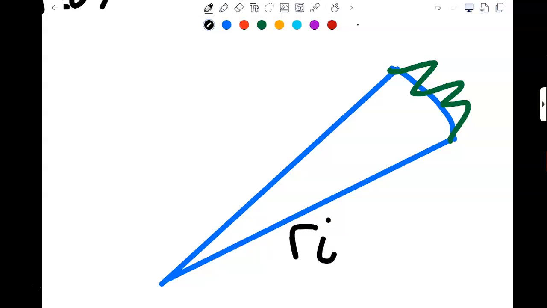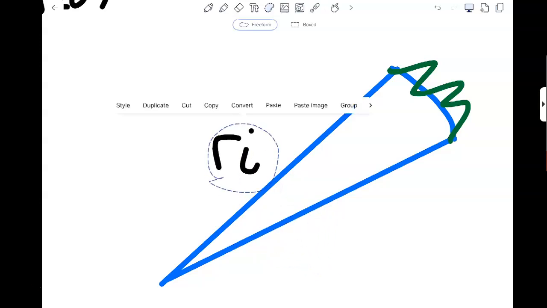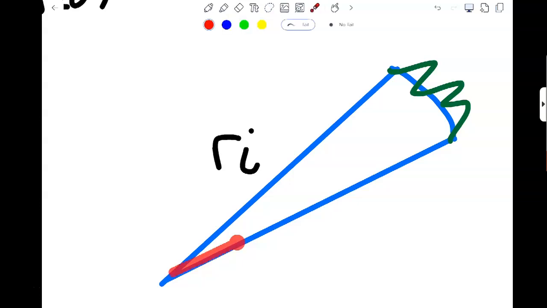Actually, technically if it's r sub i, it should be over here. On the left, this would be r sub i minus 1, the other radius, which would be slightly different. And then we'd look at the size of the interval. That would just be the change in our theta variable, how much theta changed from the last interval.